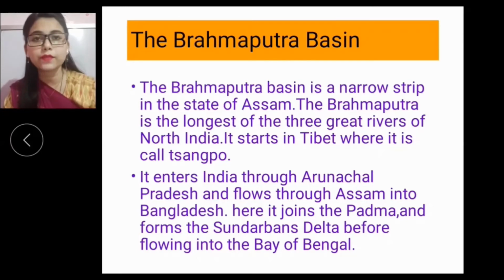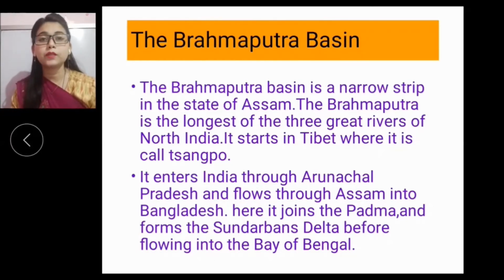Just now we have seen that the Padma river joins the Jamuna, and Jamuna is the main branch of the Brahmaputra. So where does it join? In Bangladesh. Just before entering the Bay of Bengal, the Padma river joins the Jamuna river.